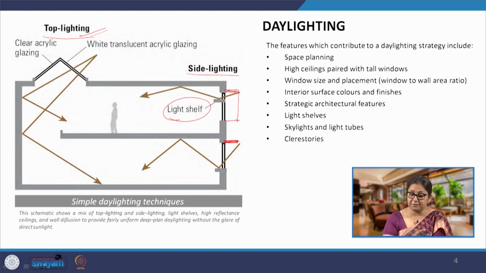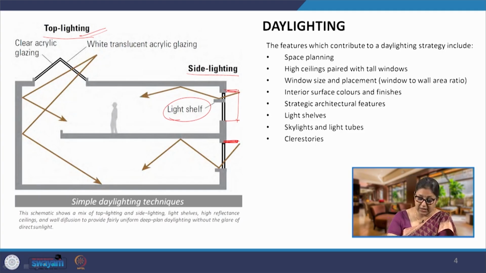So, we will have different shading devices, architectural features could also be there, and then we also have space planning. What we are really looking at is a uniform distribution of daylighting. Now, that is extremely difficult to achieve because the daylighting is going to be available only through the surface of the building envelope. Here the space planning will come into effect.